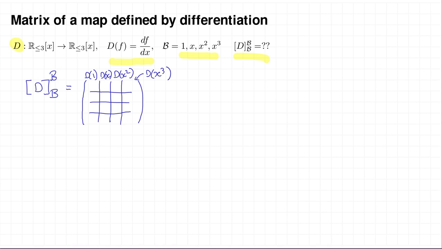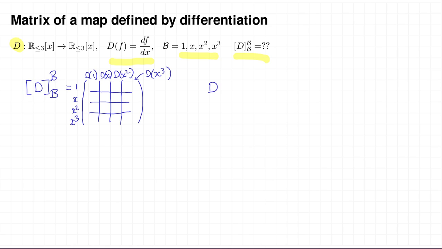And what those columns record are the coefficients of the basis for the codomain, which you need to express D of 1, D of x, D of x squared, and D of x cubed in terms of the basis of the codomain. So those rows should be labelled by basis elements for the codomain. In this case, 1, x, x squared, and x cubed. So let's work out those entries.